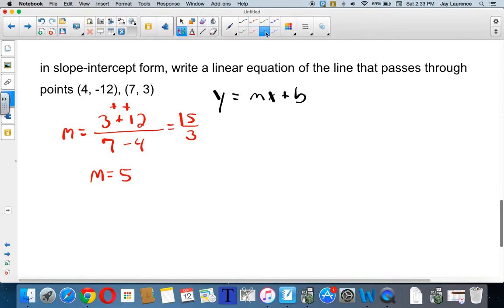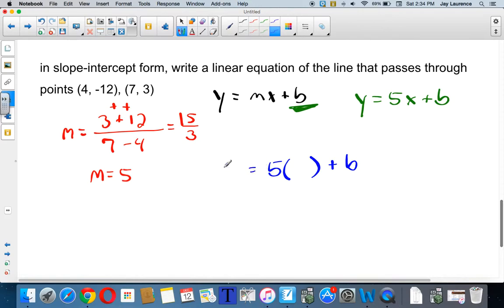Now, I need b. I know m. Right now I could write this much. I could say y equals 5x plus b. If I could figure out what b equals, I could write the rest of the equation in slope-intercept form. Well, it just so happens I know m is 5, right? I know x. Don't know b, leave it a variable.